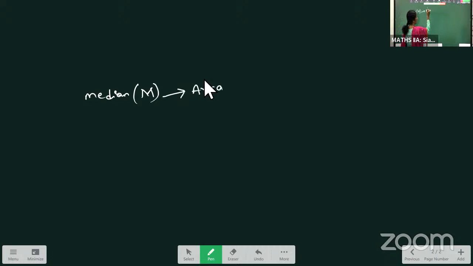This is the most important point when the question is about median. First, we have to arrange the data in ascending order. After arranging in ascending order, the middlemost value is called median, if it is for ungrouped data.